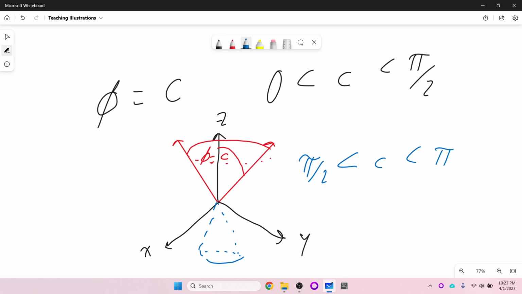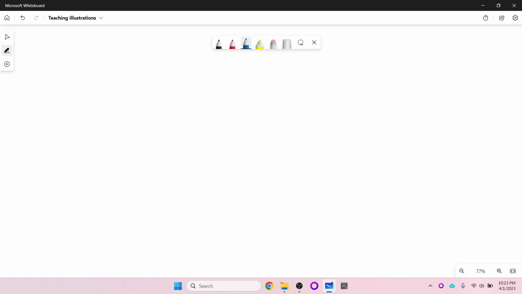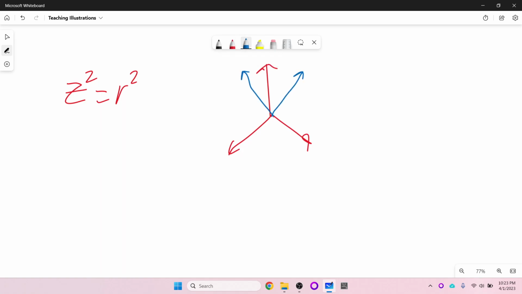By the way, that reminds me that I want to clarify something from the last lecture, when I was talking about whether the cones were a cone or a double cone. If I said z squared equals r squared, that's a double cone, because z could be positive or negative.